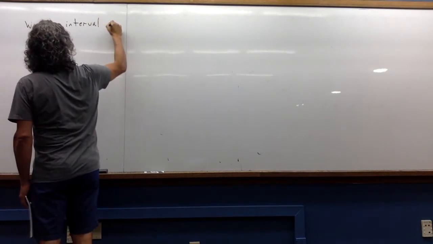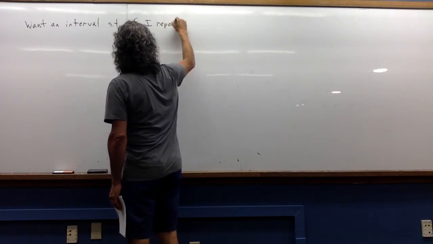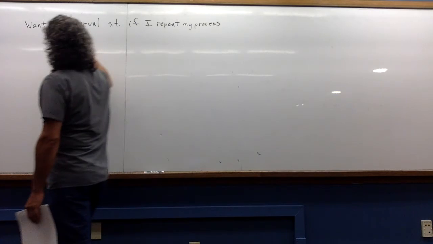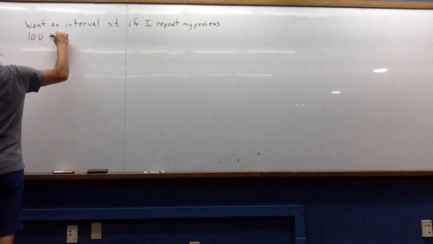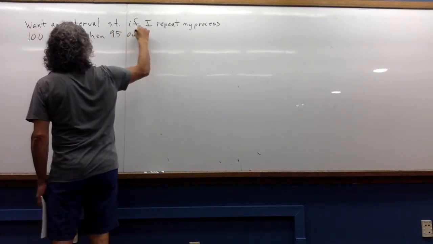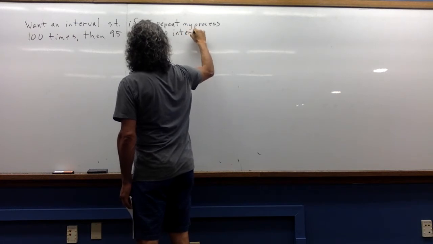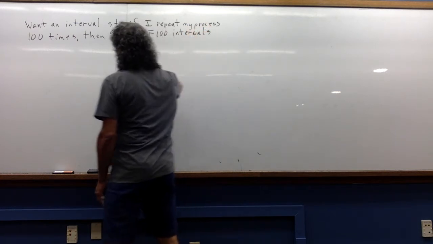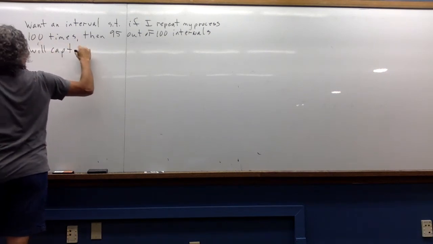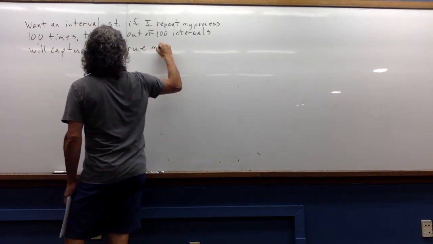I want an interval such that if I repeat my process 100 times, then 95 out of 100 intervals will capture the true mean.